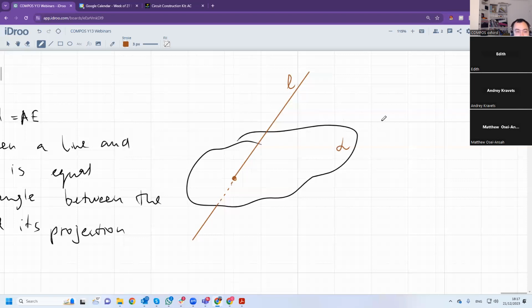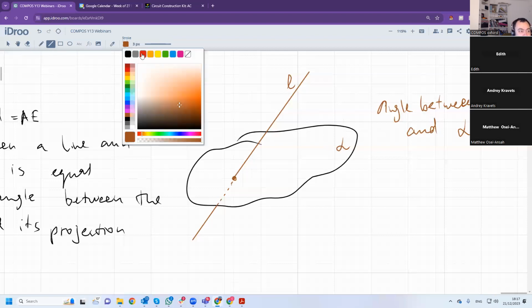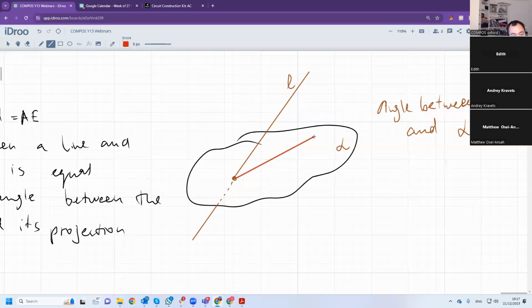The angle between L and alpha. Alpha is the plane, L is the line. We need to find the projection of the line. So it's like the shadow. Projection of a line onto a plane is like the shadow of this line.